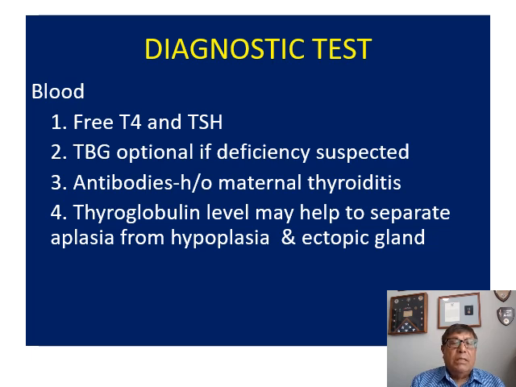TBG is optional if TBG deficiency is suspected. One can do antibodies if the mother has autoimmune thyroiditis, or there is reason to suspect the mother still has lots of antibodies. And thyroglobulin level may help to separate aplasia, hypoplasia, and ectopic gland. Thyroglobulin level is usually low in many of those areas, but is not routinely done.